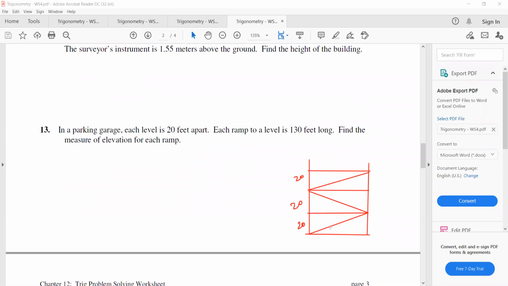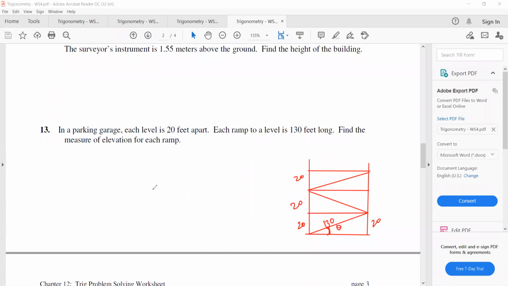Now I will think of one level here. Every level is like this. The height is 20 and the length of the ramp is 130 feet. You have to find the angle of inclination or angle of elevation. All angles are the same, so we will find this theta.